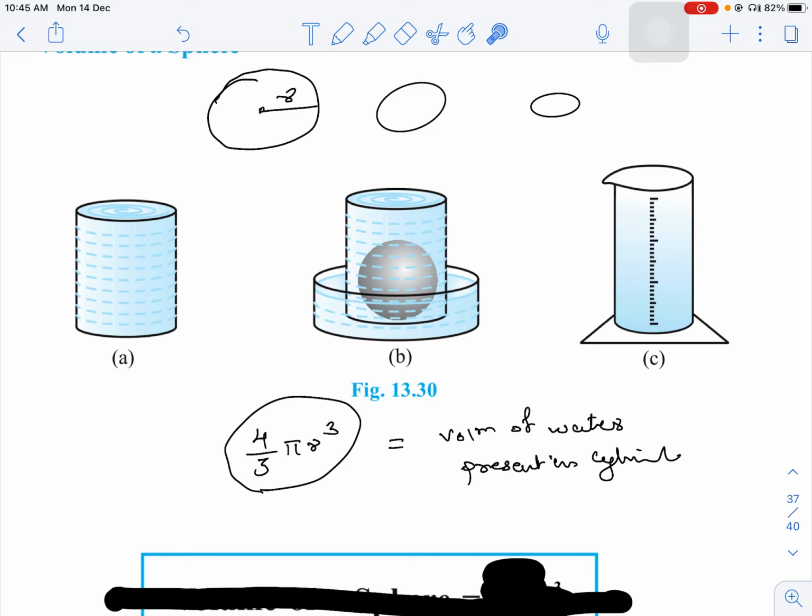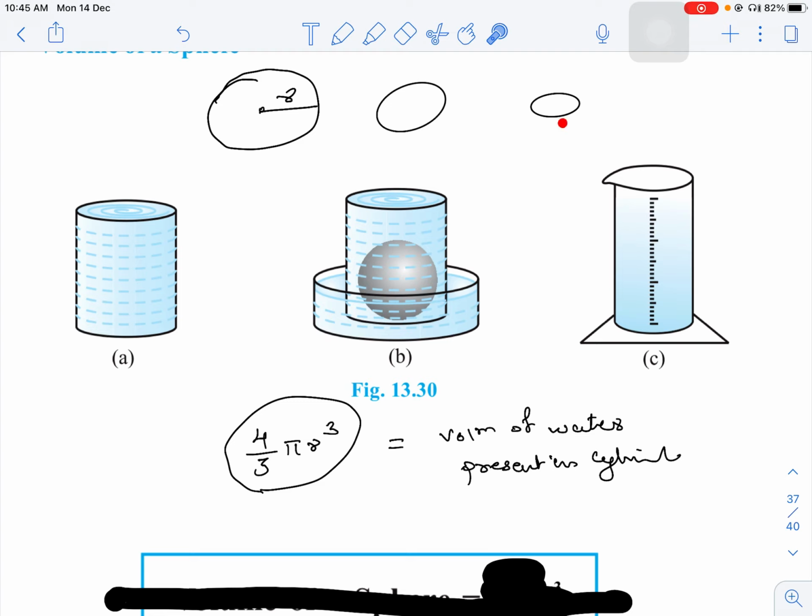So from all this procedure, after that you have to consider the second sphere. Then again, same condition: fill the container with water, keep it in the trough, and then put the second sphere. Whatever amount of water is displaced over here, you have to see its volume and do this calculation.